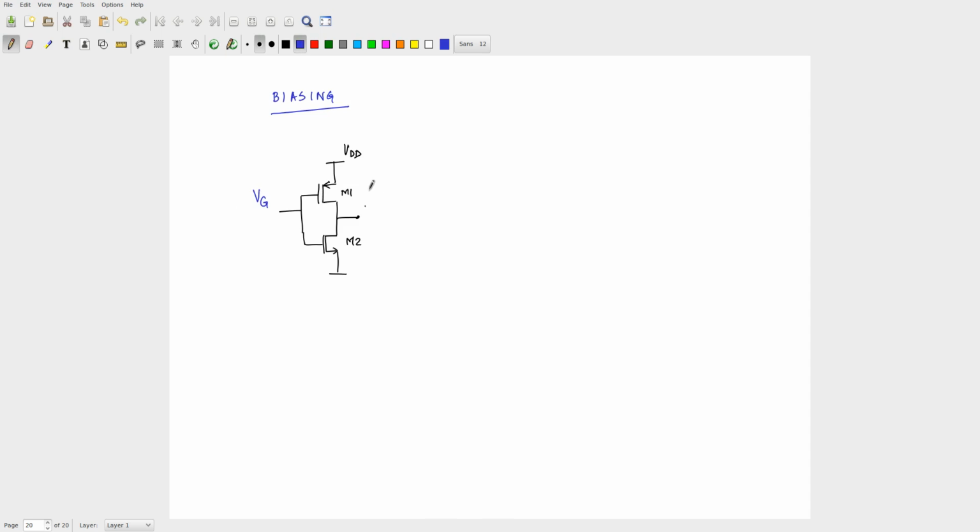Okay. What is the constraint? At this value of Vg, what should M1 and M2 be in? Saturation. So, at Vg, M1, M2 must be in saturation, and the other constraint is, okay, let me call that Vg0 just to make sense.